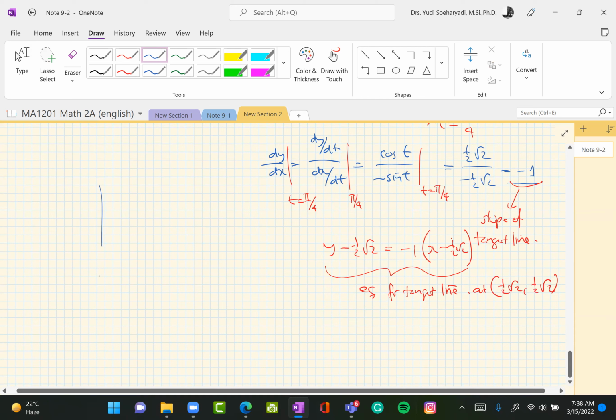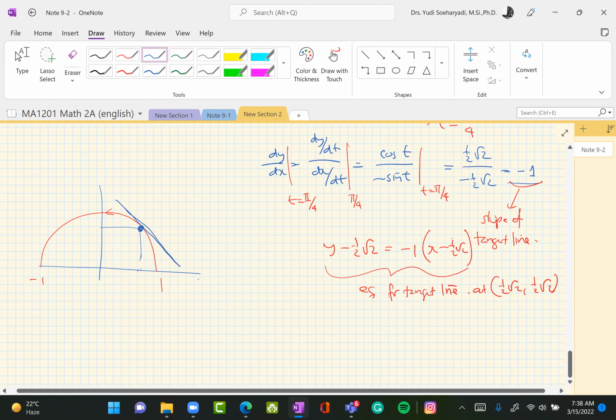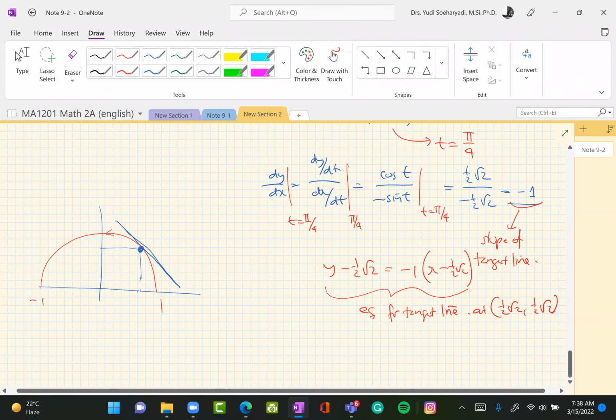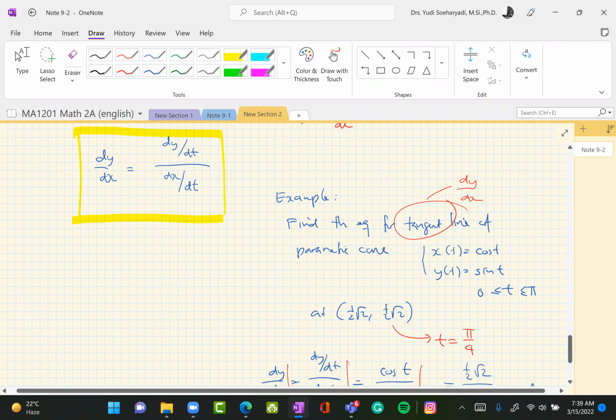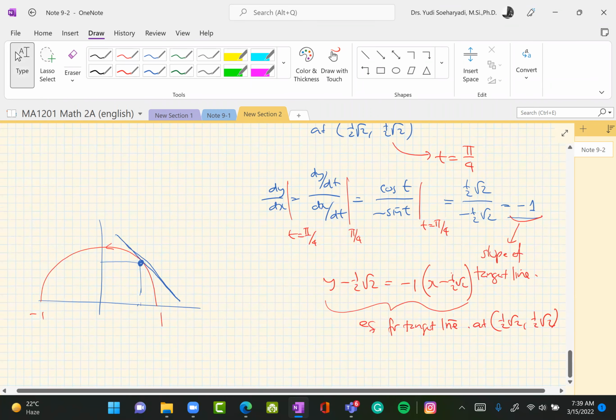And if you check, the graph looks like this one here, going this way. The tangent has slope -1, so let's match up with our intuition that this slope must be negative.